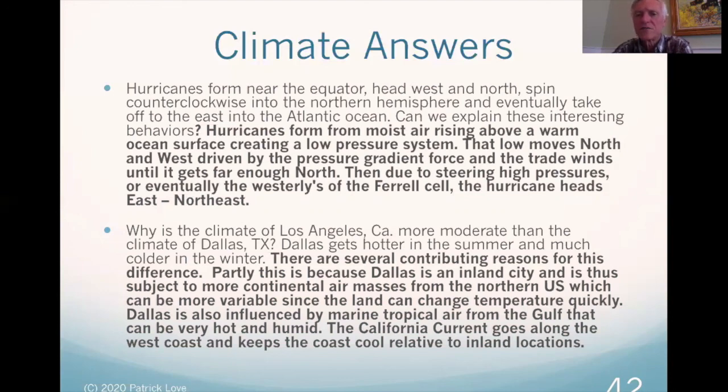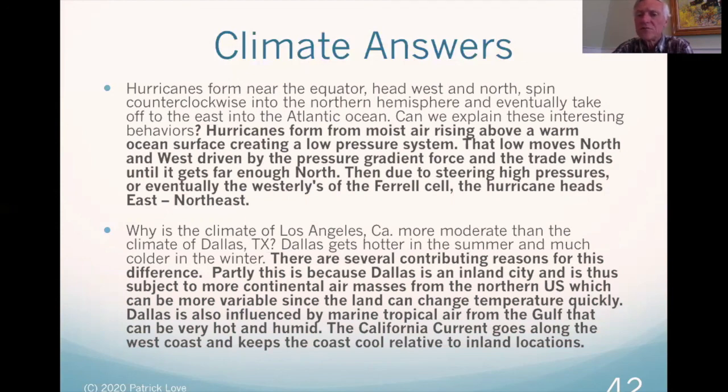in the Atlantic Ocean. And we also know that Dallas has a largely different climate than Los Angeles, because it's an inland city. It's subject to air masses coming from the north, cold air masses coming down along the Rocky Mountains through the Midwest from Canada, that can bring snow and cold weather into Dallas.